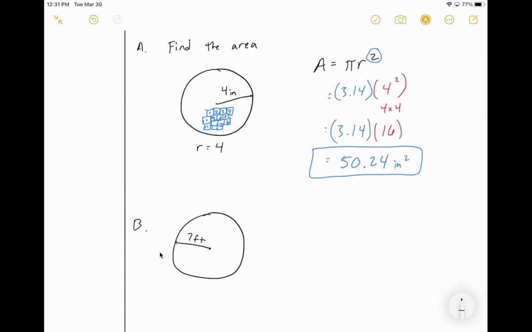All right, to find the area of that circle. All right, very good. Go ahead and put in the chat once you think you got it.